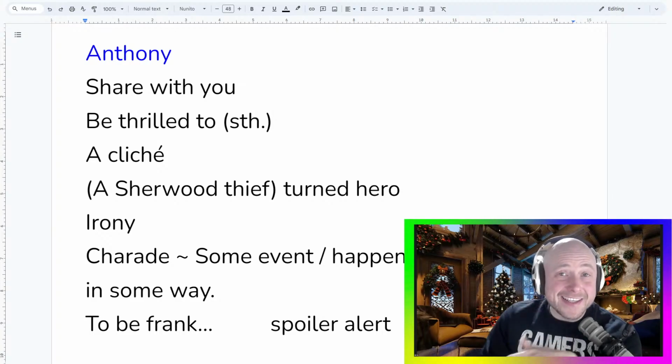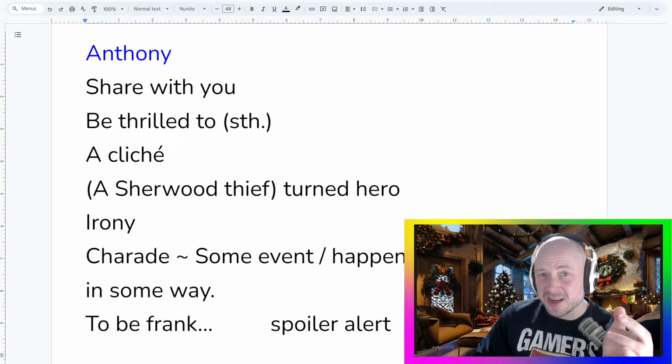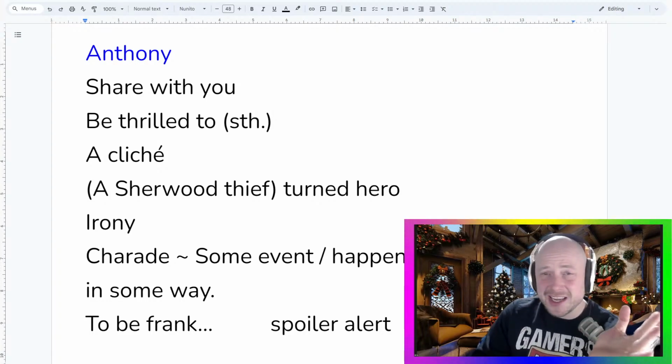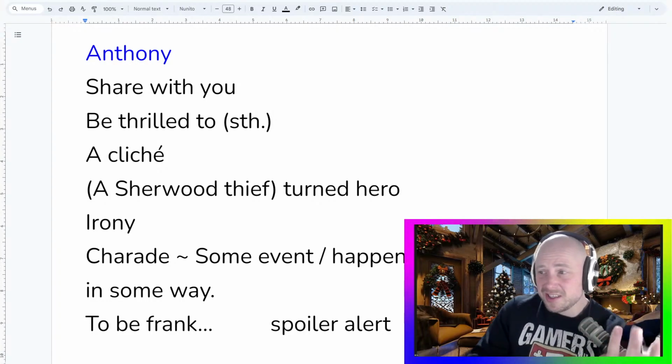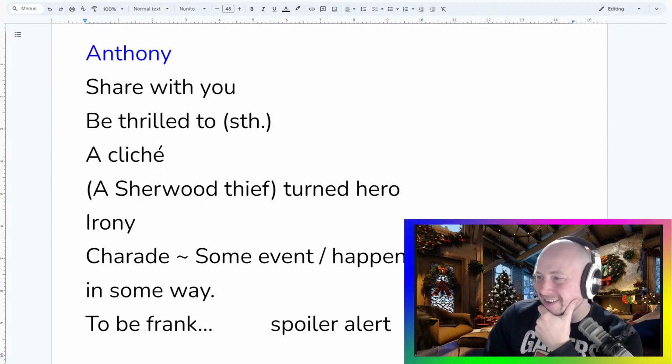But maybe people liked the criminals in the forest because, as Anthony alluded to in his speech, the king was just taking money off people. Why? Because he's the king. That's it. So that's really what taxes were. It was a form of kind of robbing people.